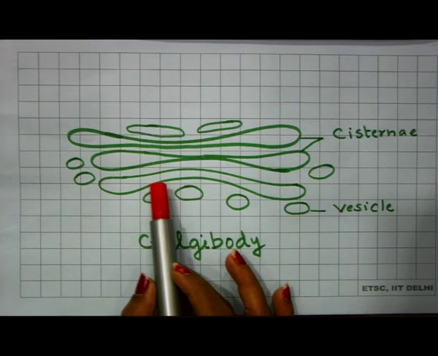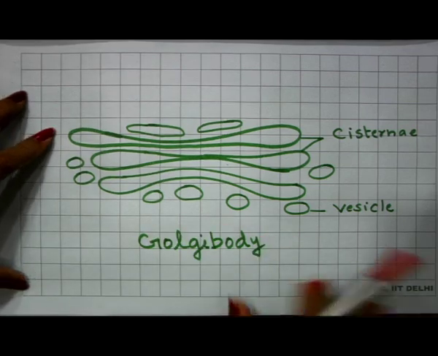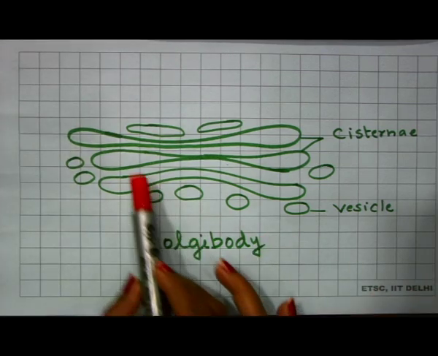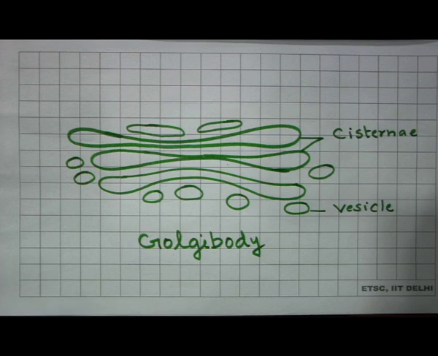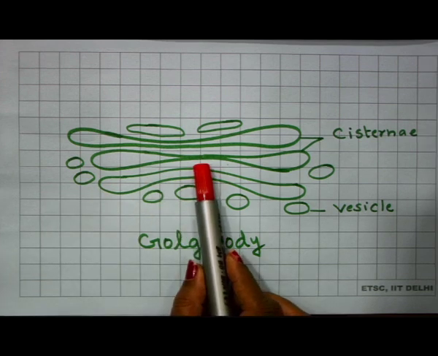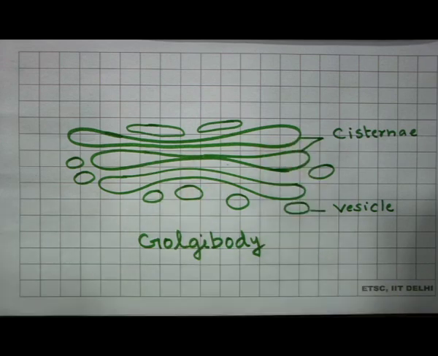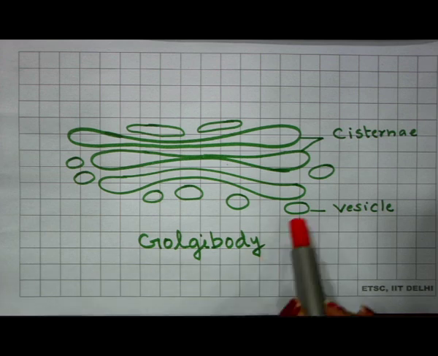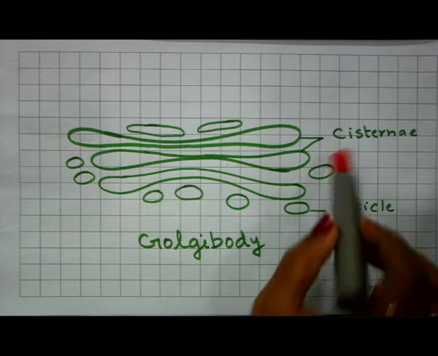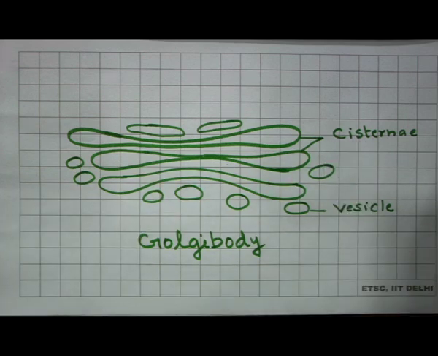It is a membrane bound organelle, a single membrane bound organelle. Here also cisternae are present, then a vesicle is here and some of the vacuoles, and they have polarity.